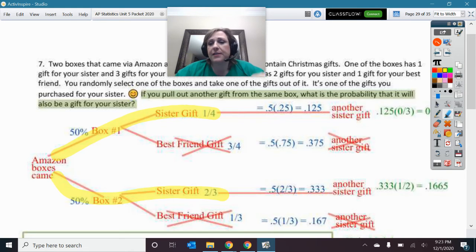Okay, so look at this. This box, in order to get another gift for your sister, then there's not one in there. So with this box, there's a 0% chance that you're going to get another one for your sister. Okay?